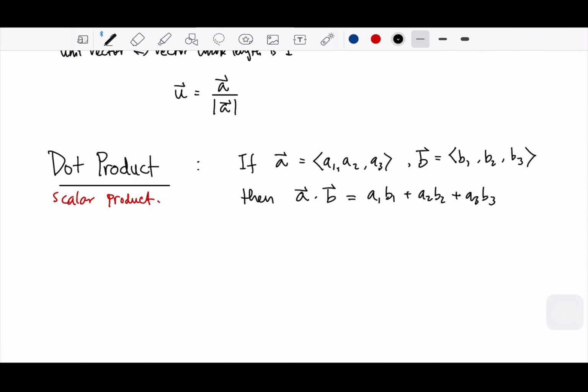And of course, if its result is a scalar, it doesn't really matter when you reverse the writing. And also, if you dot the same vector, it will result in the magnitude value squared. If you dot with the sum of vectors, you can separately multiply both of them.